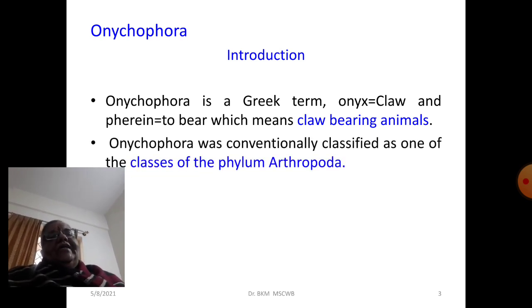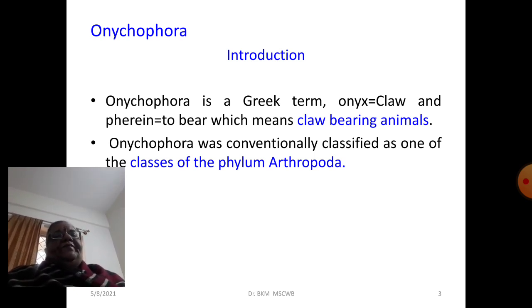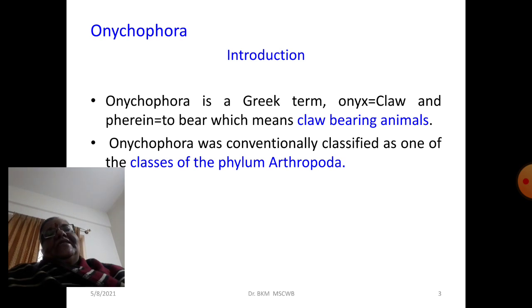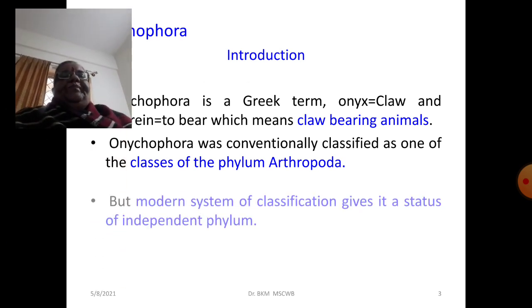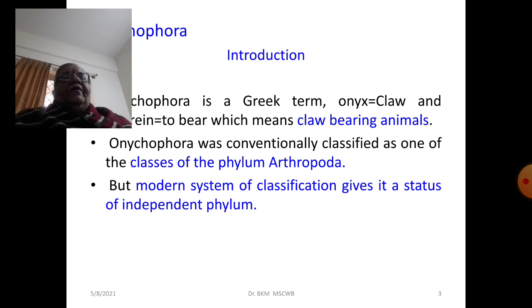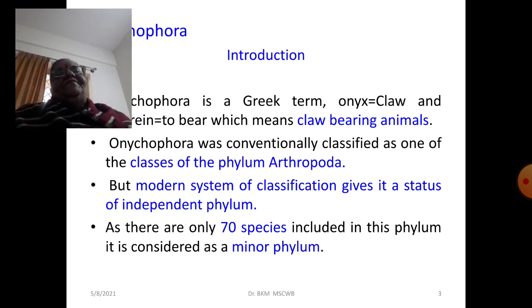As I was telling you, it was conventionally classified as one of the classes under the phylum Arthropoda in previous days. But the modern system of classification has given it the status of an independent phylum, and since only 70 species are included in this phylum, it is treated as a minor phylum.